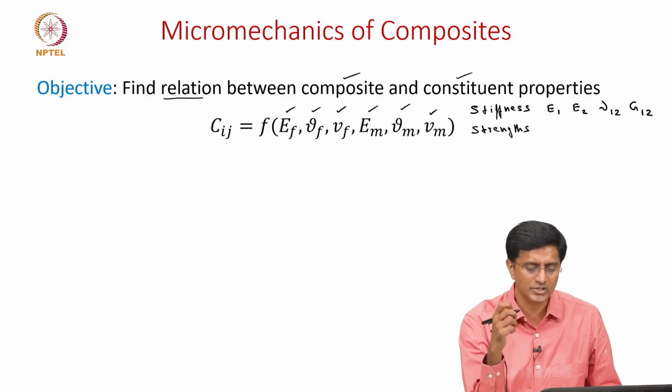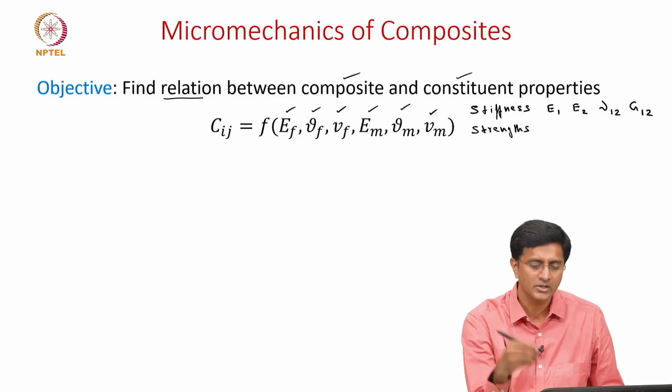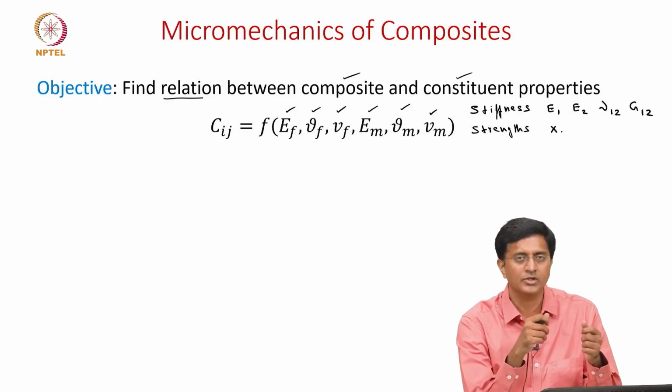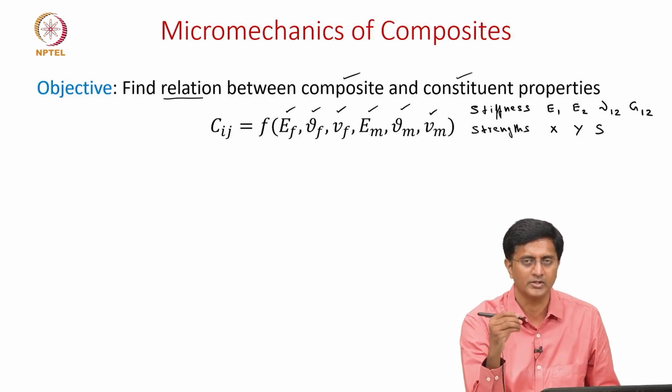Once we know these strengths, how can we use them to predict the strengths of the lamina: X, meaning the strength of the lamina along the X direction, the strength along the Y direction, and the shear strength of the lamina.